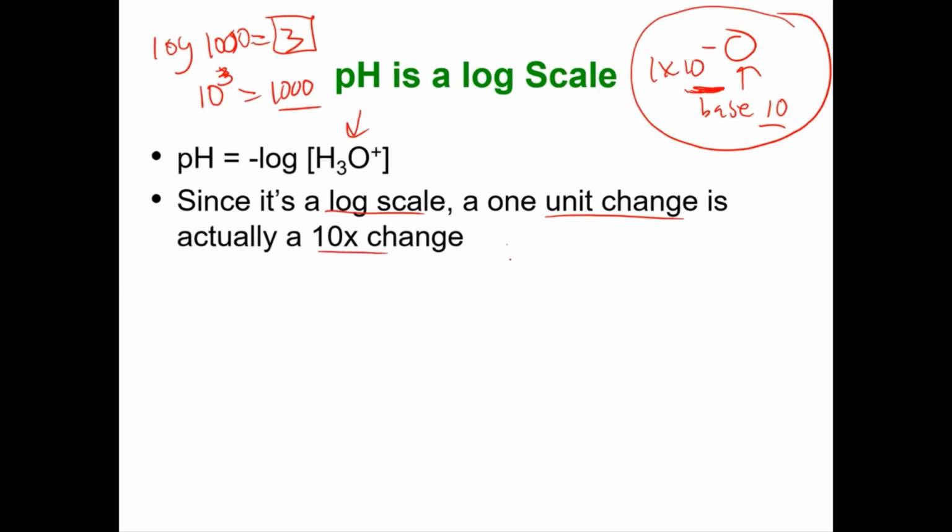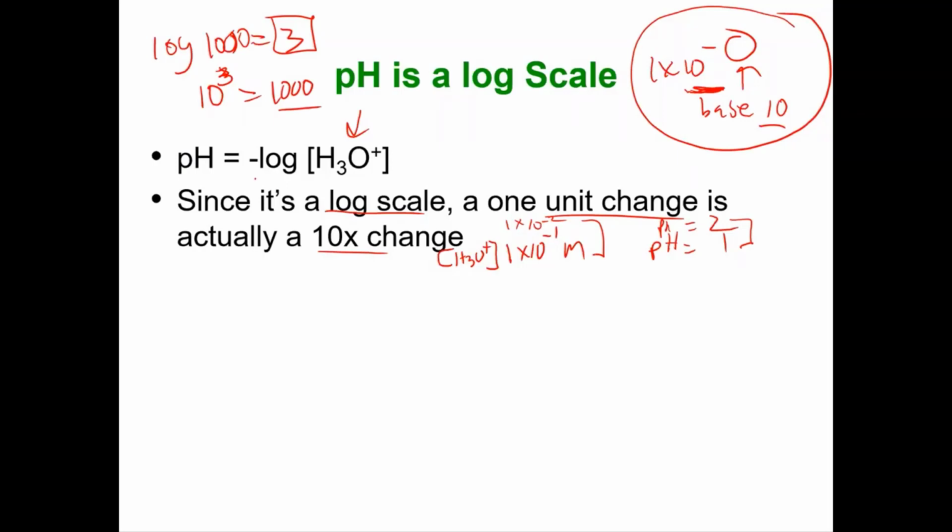So if I had 1 times 10 to the minus 1 molar for my hydronium concentration, that would equal a pH of 1. But if it was 1 times 10 to the minus 2, my pH would equal 2. So this is one difference in the pH scale, but in concentration, it's tenfold.